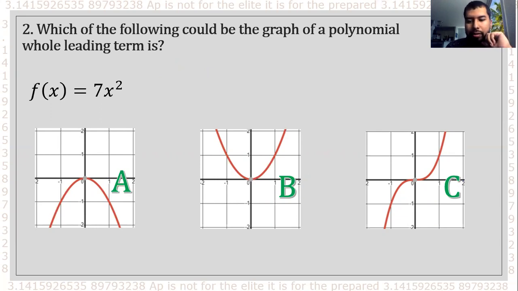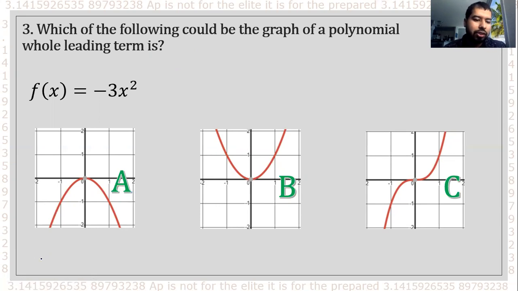Okay, go ahead and try this one. 7x squared. Which one looks like so? Go ahead and pause the video, give it a shot. Hopefully you're able to see that since the largest exponent, the degree, is 2, it's going to behave like a quadratic. These are not to scale, but hopefully they still give you a general idea.